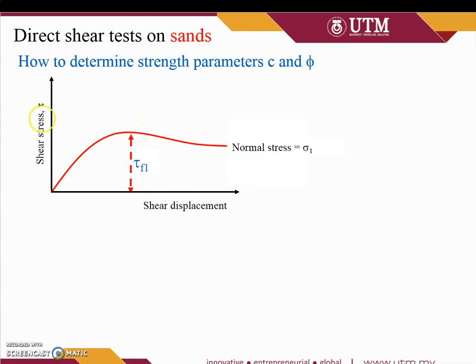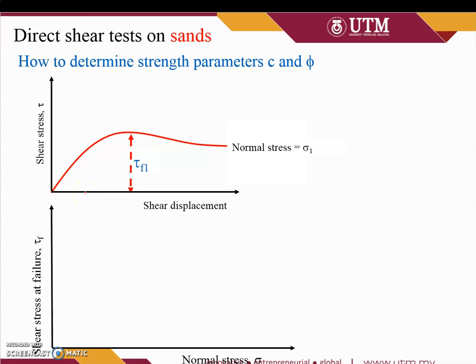We can get a tau from the normal stress results. Let's say we do the test three times, so we have sample 1, stress 1 results, stress 2 results, and stress 3. So at the maximum, normal stress 1 is the first result here.